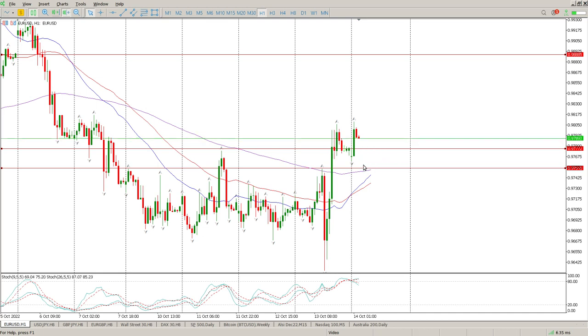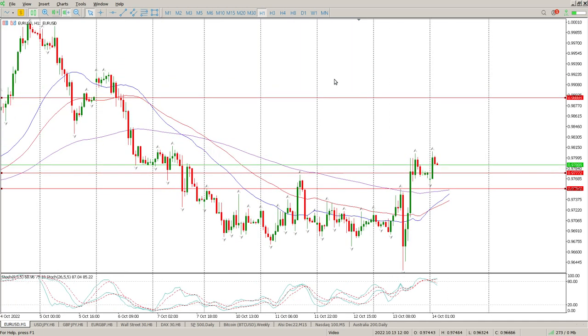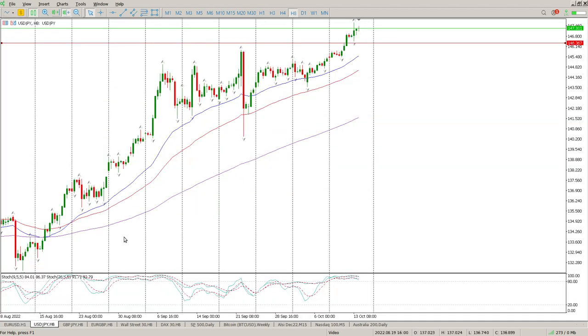That is going to be your cue for a move to the upside, and I suspect we're going to have a fairly strong finish to the week. It wouldn't surprise me if we tag this area first. Your target's going to be 0.98341.